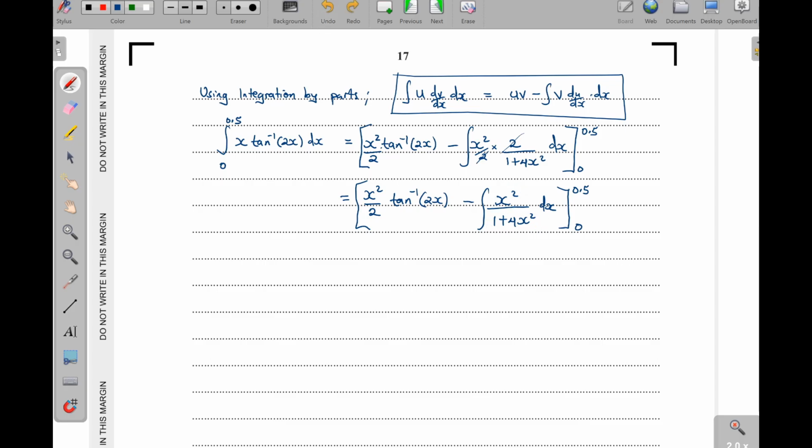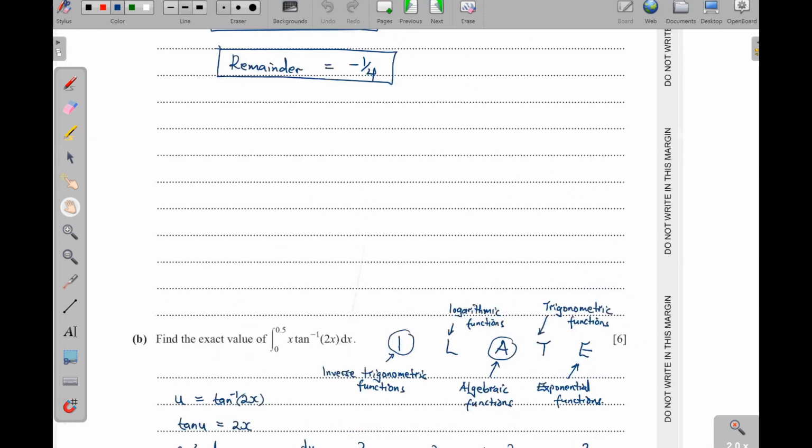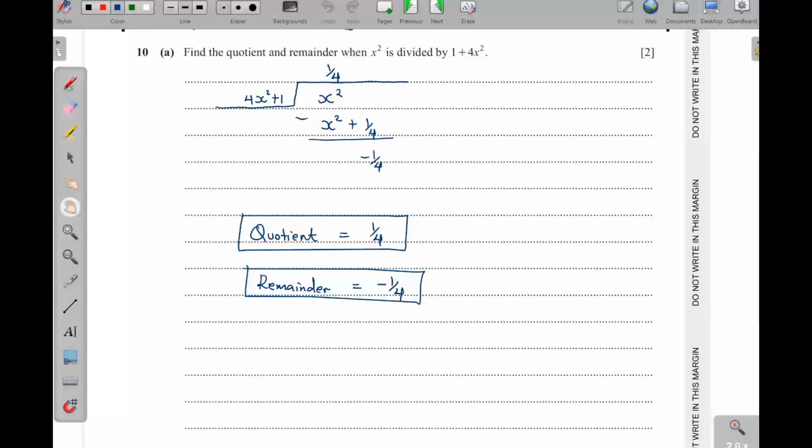So if the degree of the numerator is greater or equal to the degree of the denominator, we first long divide to convert that improper fraction into a proper fraction. You see, that is what they gave us first here to do, to first divide. I told you there is a way we are supposed to apply this one into the next. Okay, so we have the quotient is a quarter, and then the remainder is negative a quarter.